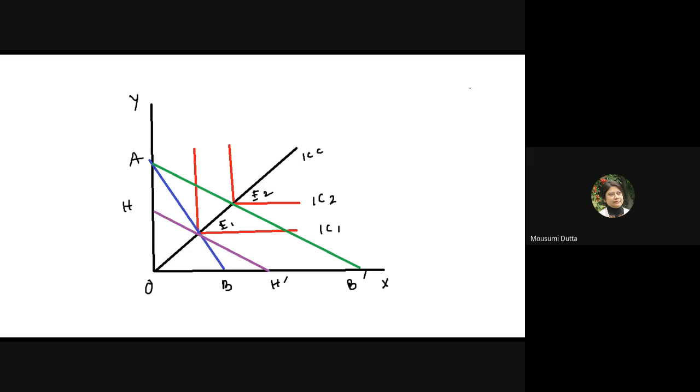If the quantity of Y remains constant and that of X goes up, the utility level does not change.